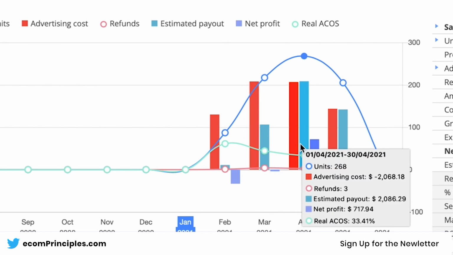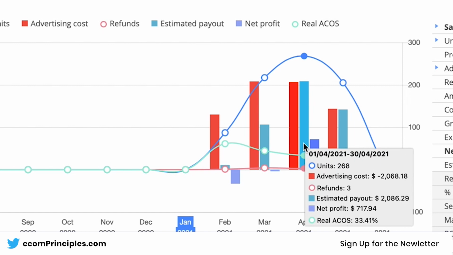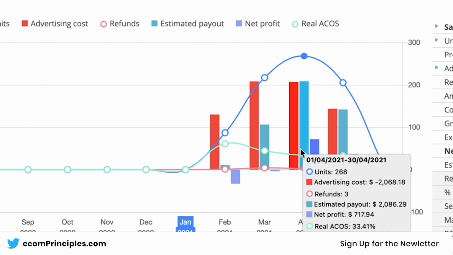And if you go to April, you will see that the real ACOS is about 33%. Now this real ACOS is basically popularly known as TACOS. Okay, so now we are definitely making some profit, and that is in sync.